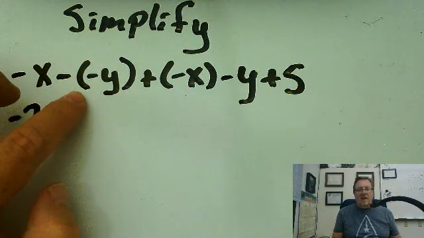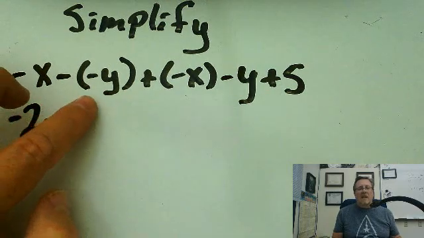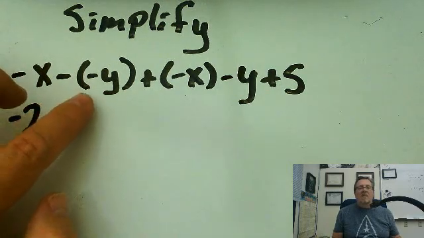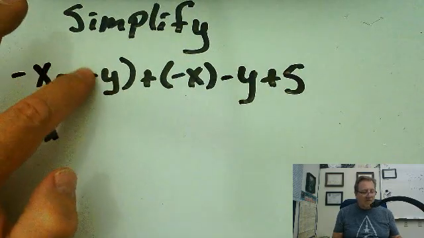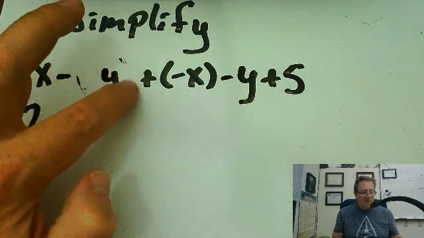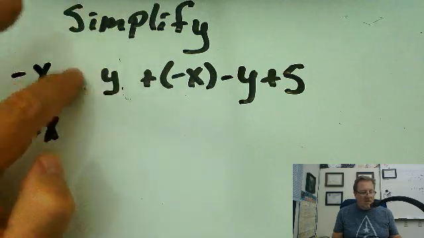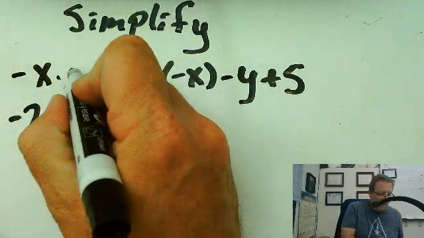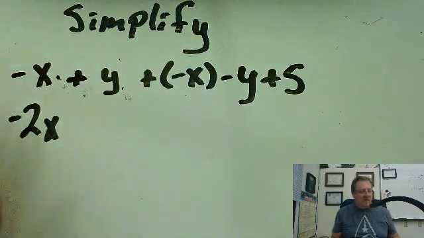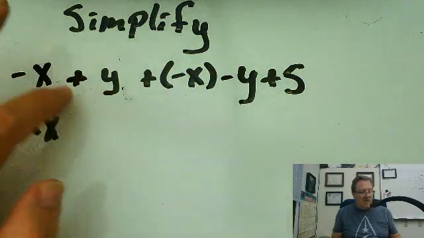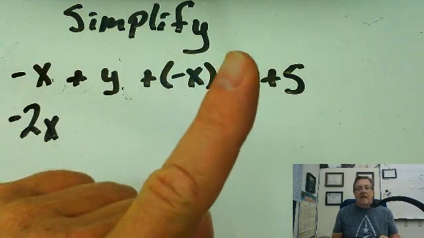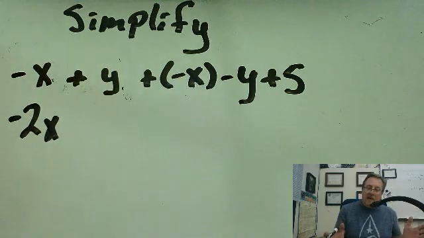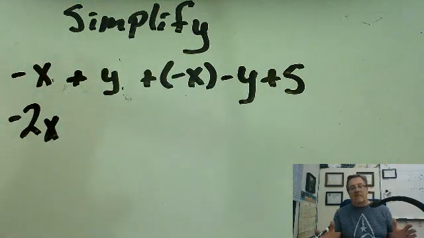What does it mean when we subtract a negative or when we minus a minus y? What that really means is that this is a plus y. When you subtract a negative, you're adding. Let me say that again. When you subtract a negative, you add.